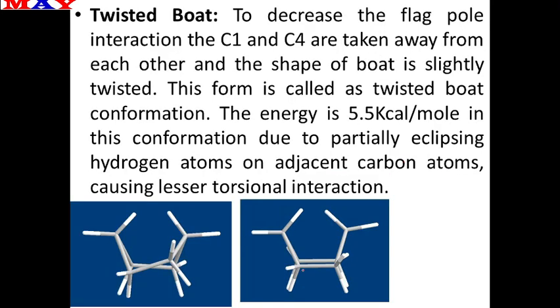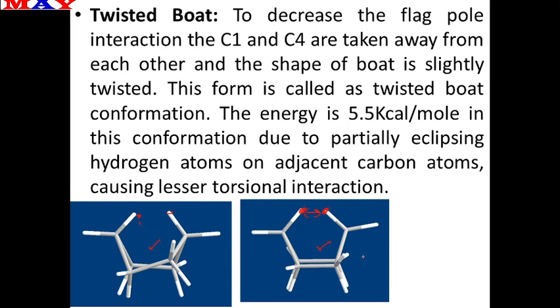Twisted boat. Here what you have is a regular boat and this is the twisted boat. The main noticeable difference is that the distance between these two hydrogens is less. When you twist the boat, these hydrogens go away from each other. That is one very notable observation.